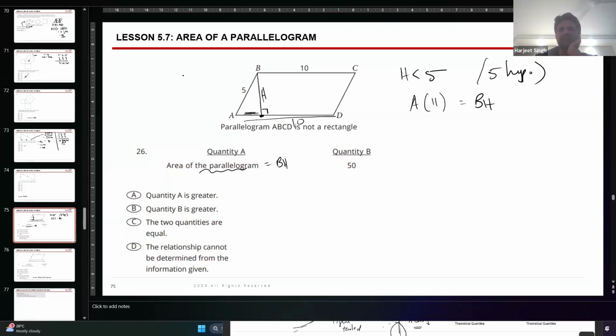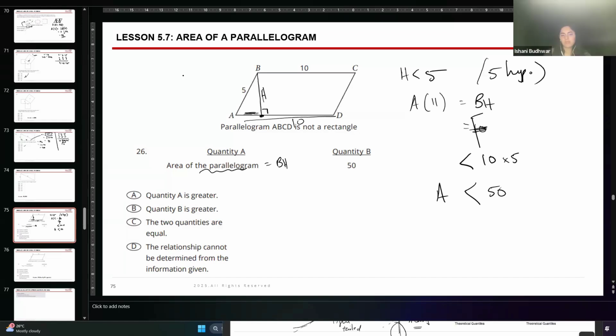This whole thing is 10. And can I say area should be less than base into height of 5 if we take it as 5, and hence area should be less than 50, because 10 into h, with h less than 5, will give you something less than 50. So 50 is greater than A, which means B is greater than A.